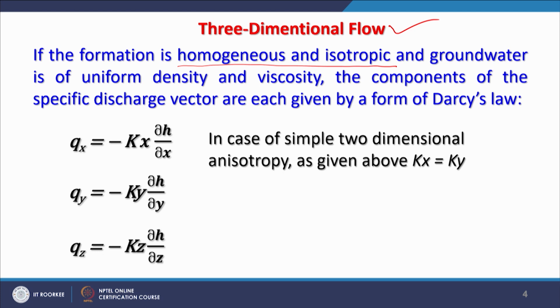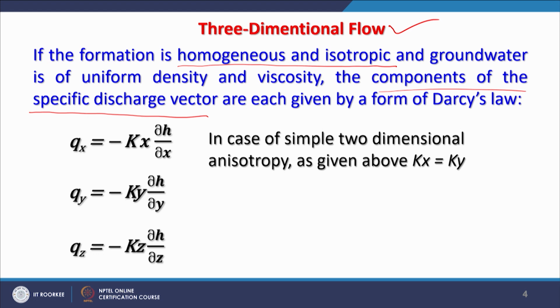If the formation is fulfilling these two conditions, homogeneous and isotropic, and groundwater is of uniform density and viscosity, so it is a steady uniform flow, then the components of the specific discharge vector are each given by a form of Darcy's law.